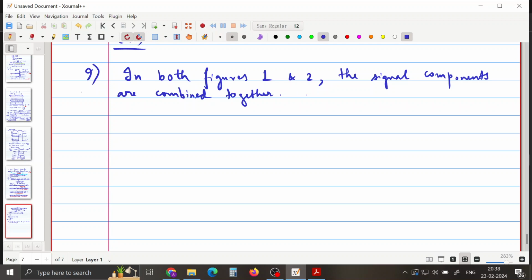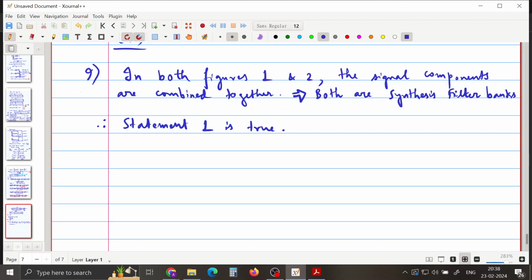They are combined together to synthesize a new signal. So therefore it implies that both are synthesis filter banks, and which means that statement 1 is true. Okay, that's what statement 1 claimed.